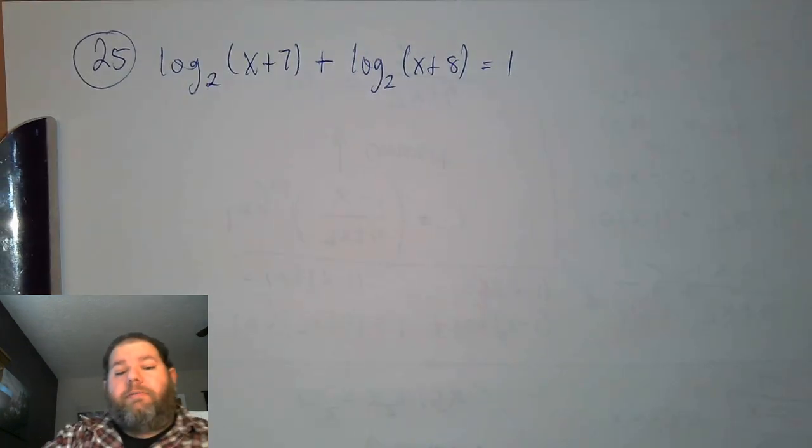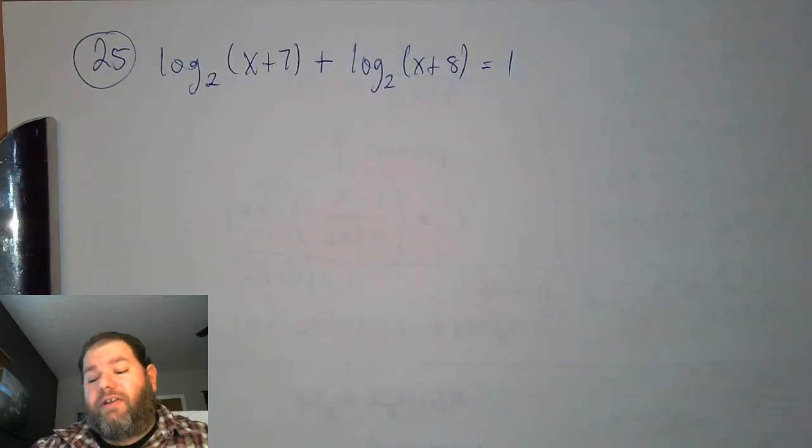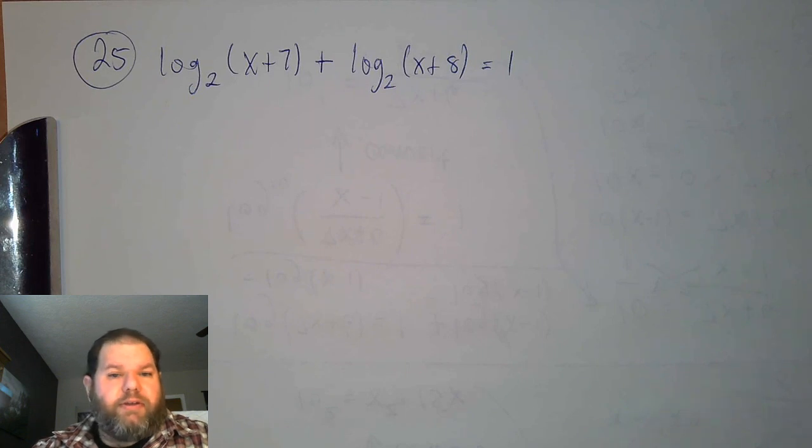This is actually a lot similar to 21. The reason I put two of these on there is that there is definitely one of these on the exam that you'll have to do.